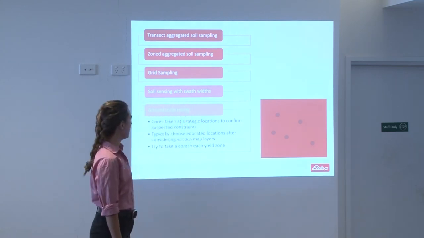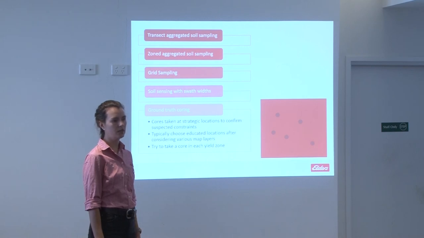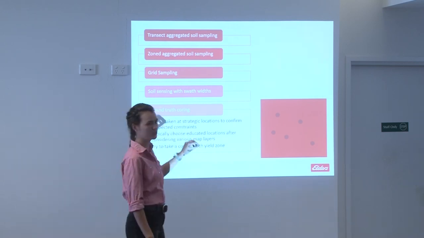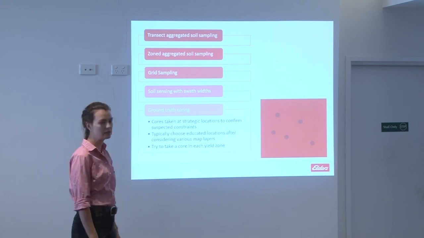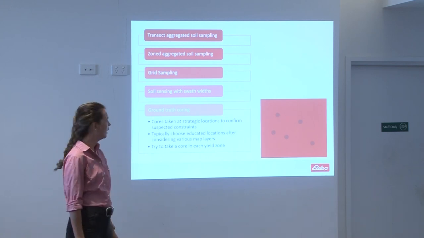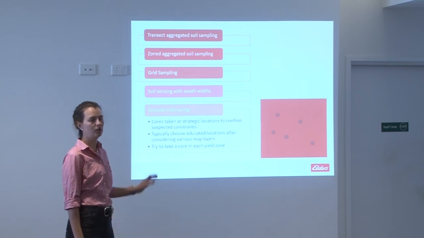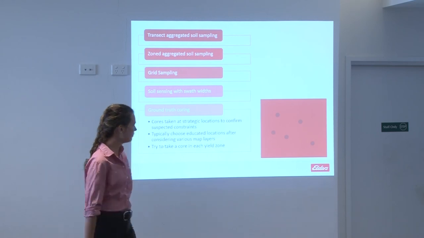So they're educated cores, I suppose, using different data layers to go and essentially investigate different zones at a really high resolution per zone. So that you can do your comprehensive soil tests on again. Probably can't create a map from it, but you can certainly use it to figure out what maps you'll need for the overall paddock.